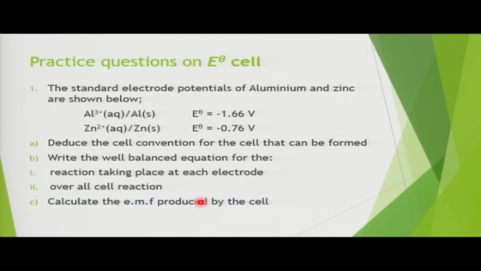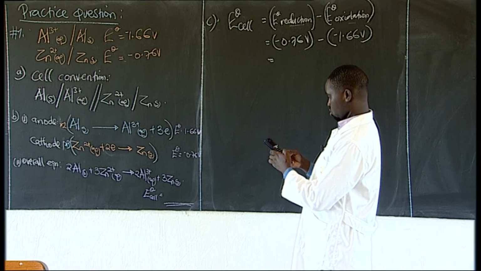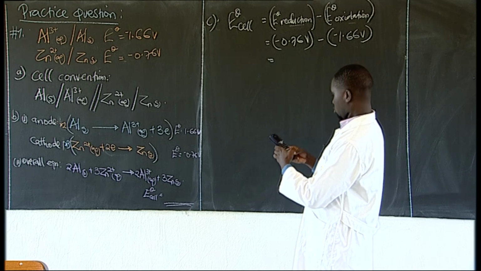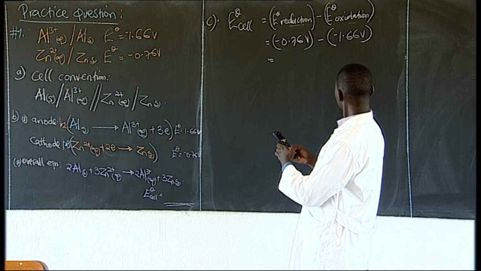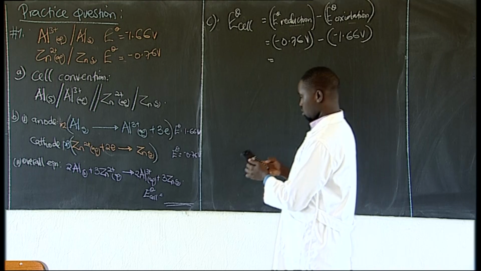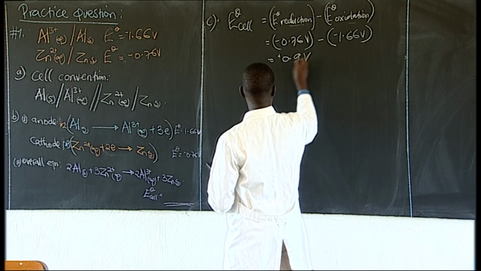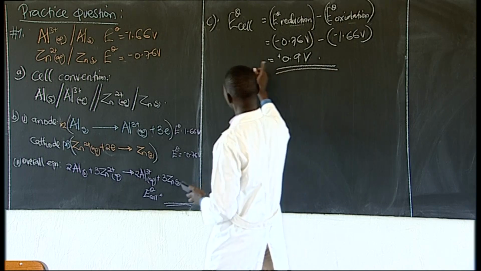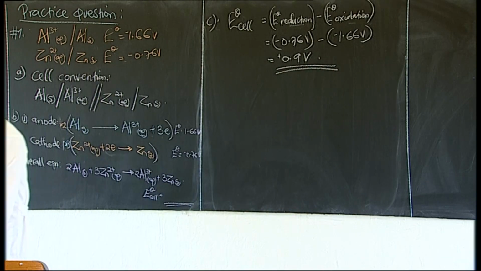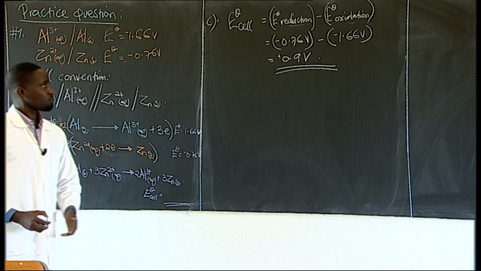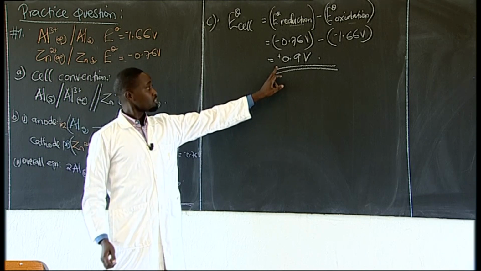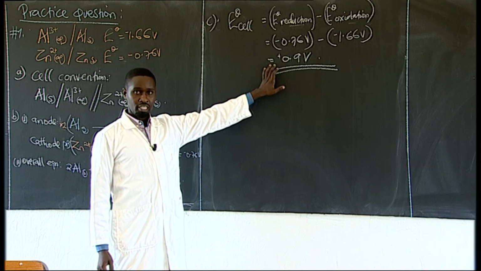Zero point 6 plus 6. We're getting positive 0.9 volts. So this is the electrode potential. This is the potential difference created.